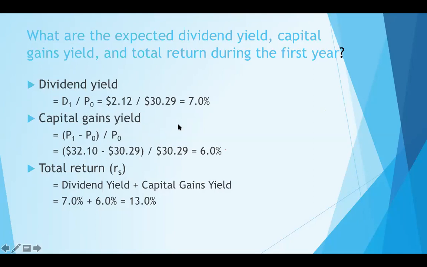We calculate everything based on the 6% growth rate with a 13% required rate. There might be no capital gain based on the market condition, of course. Right? So these are all based on expectation.